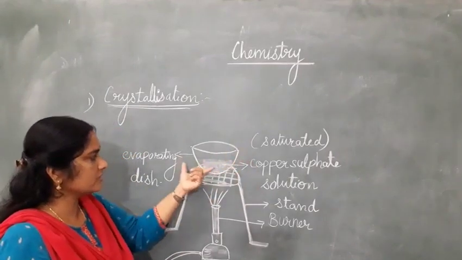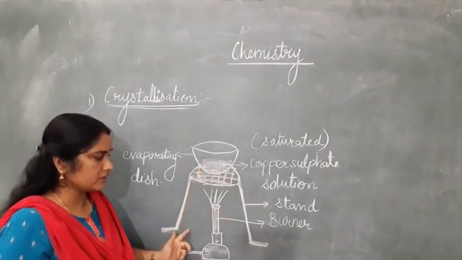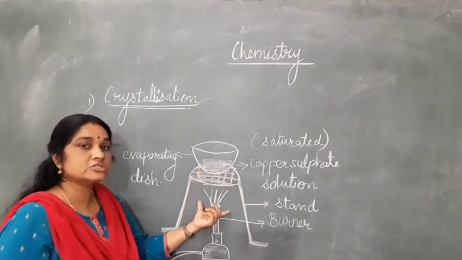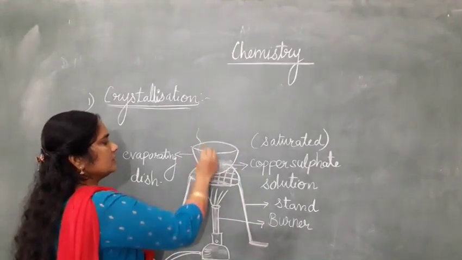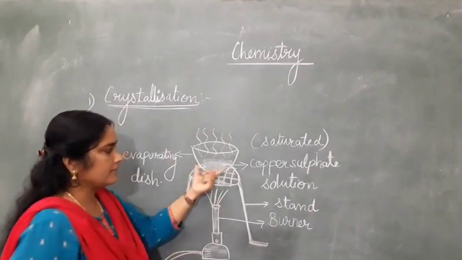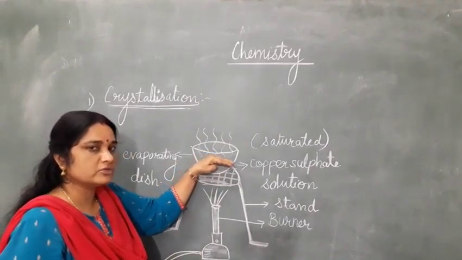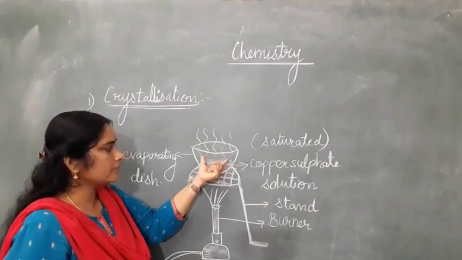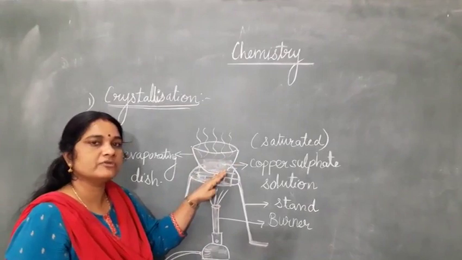Now take the saturated solution in an evaporating dish or china dish, place it on a tripod stand and start heating it slowly. After some time, water vapor will start evolving. Carry out this process for at least 5 to 10 minutes, then switch off the burner and allow the copper sulfate to cool.